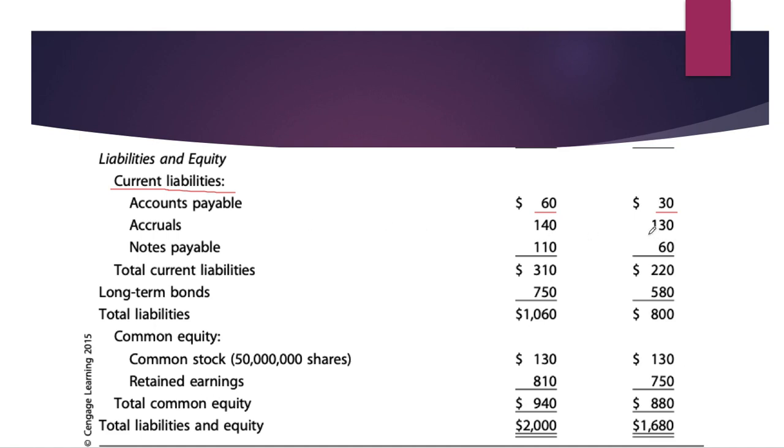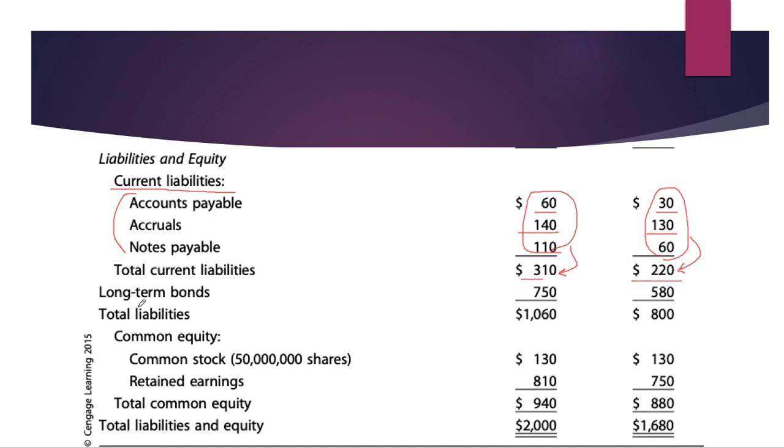Accruals is a similar level, and then notes payable. And then once you list all the current liabilities, you add them together and obtain the total current liabilities. Again, this was the total current liabilities from last year. So current liabilities increased from last year.